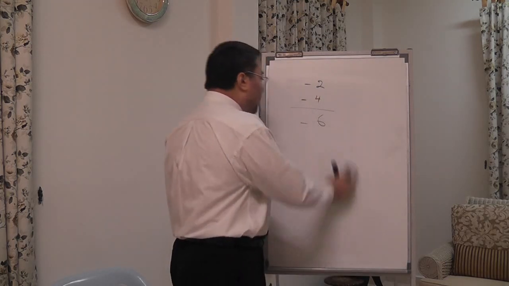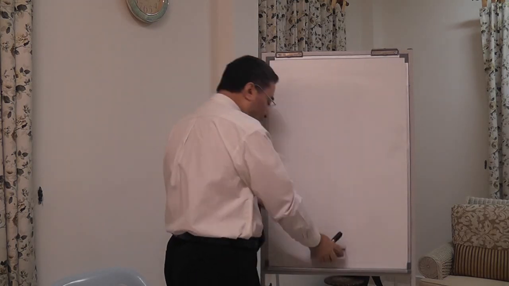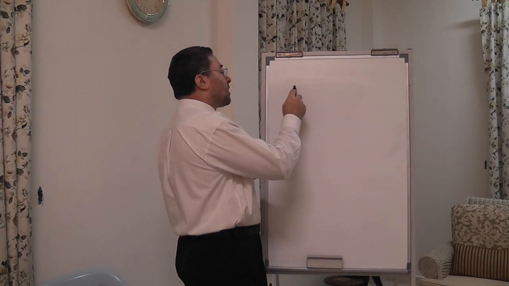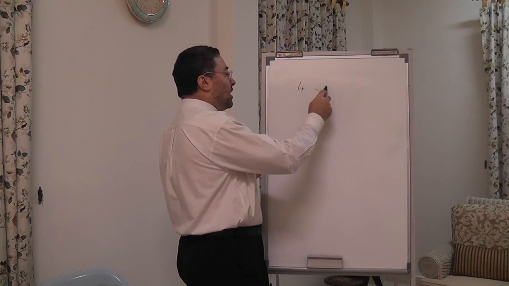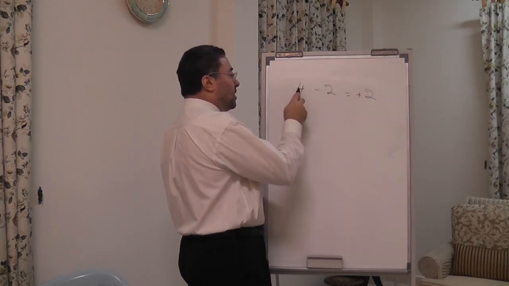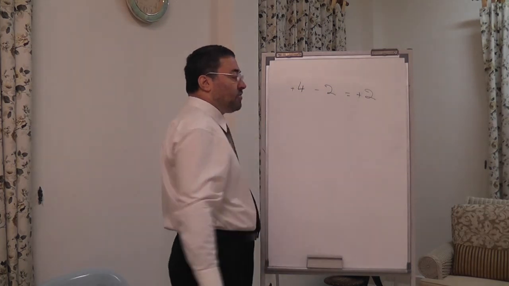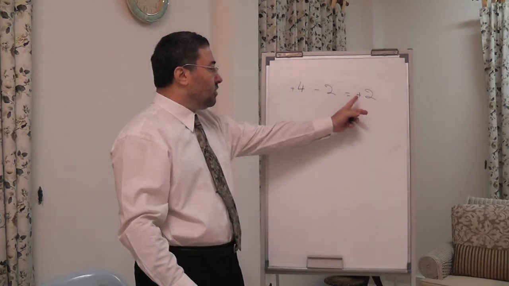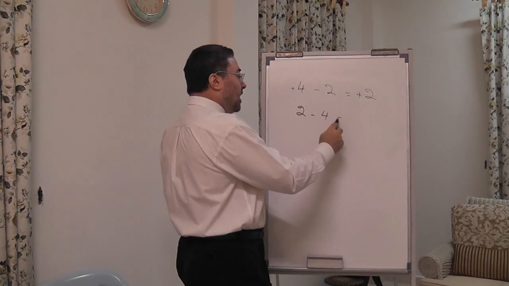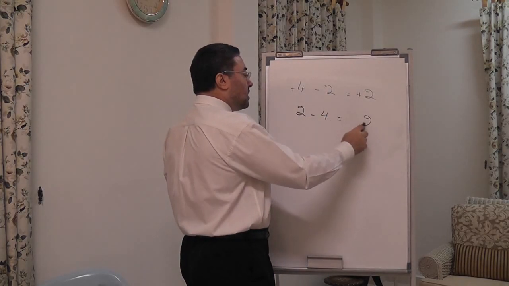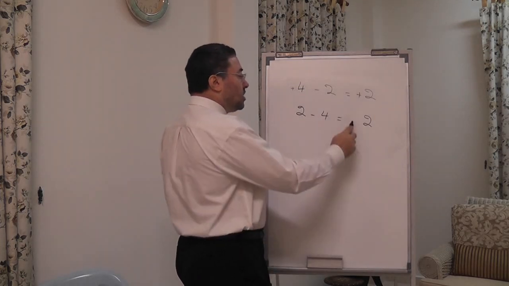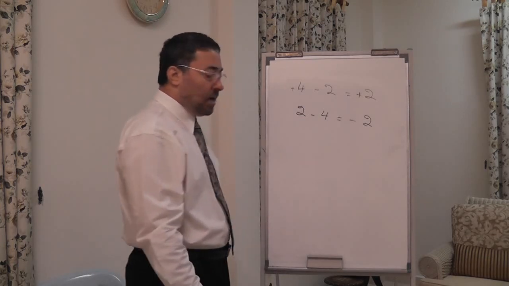Here again, the rule is easier to use than using the number line. For example, you already know that 4 minus 2, you just put the difference. And here, because the bigger number is positive, I'm going to have a positive sign in front of the difference. What if I have 2 minus 4? Again, the difference between these two is 2, and the bigger number is 4, so here we will have minus 2.